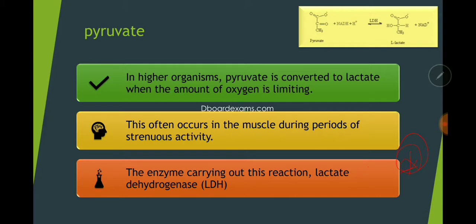If somebody is in trauma and the muscles are traumatized, they're going to have high levels of lactate. If somebody is in trauma and not breathing well or receiving enough oxygen, remember there's limiting oxygen, their LDH levels are going to be elevated because they're producing lactic acid. So lack of oxygen in humans can lead to lactic acidosis.